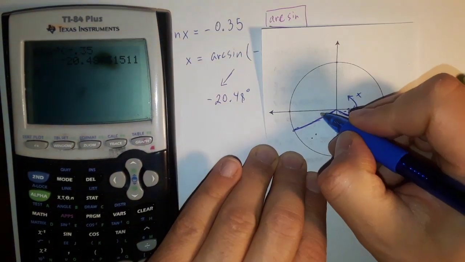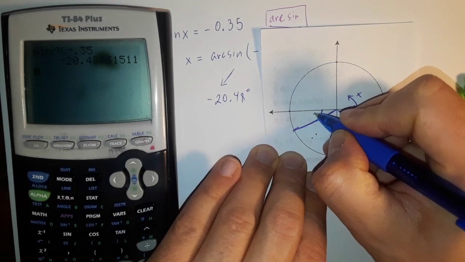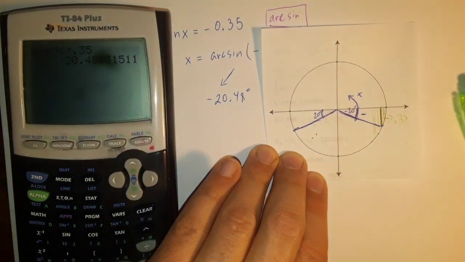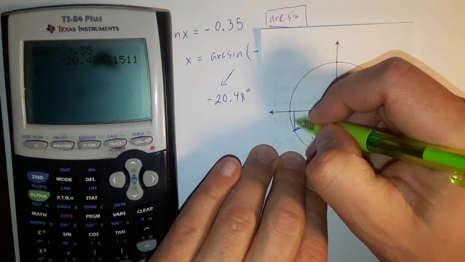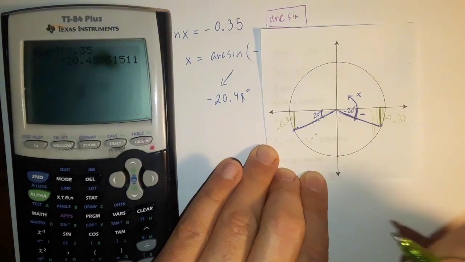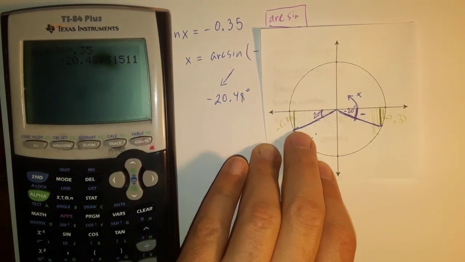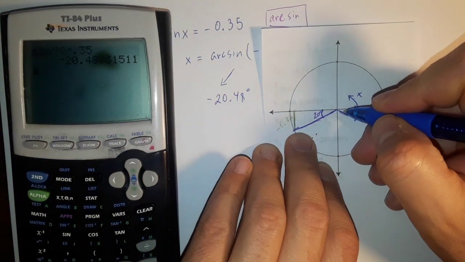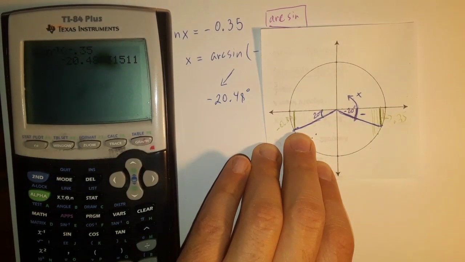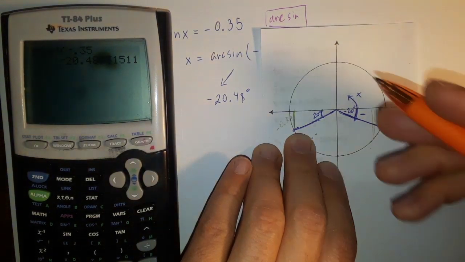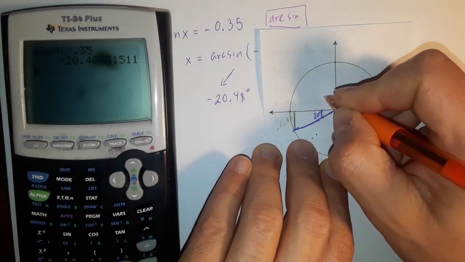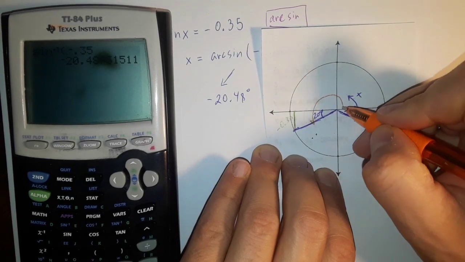When this is 20 from the axis here, that means this sine is going to be, again, negative 0.35. So if we think about it, this angle, maybe I'm going to use another color. This angle from here to here, how much is it?